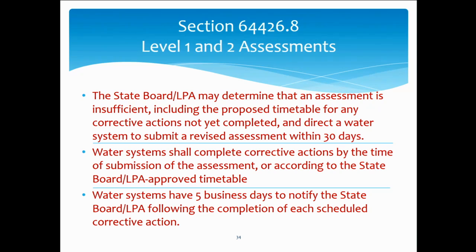So you just need to give us a schedule for correcting any deficiencies that have been found. And then the federal rule states that you have to notify us when you correct a deficiency that's been identified. It doesn't say when you have to notify us. So we chose 5 business days, thinking that would be enough time. Just because if you don't have a time deadline, it's not enforceable.